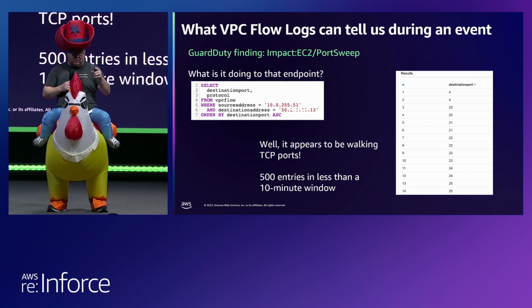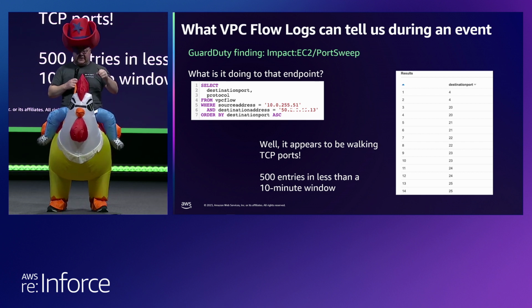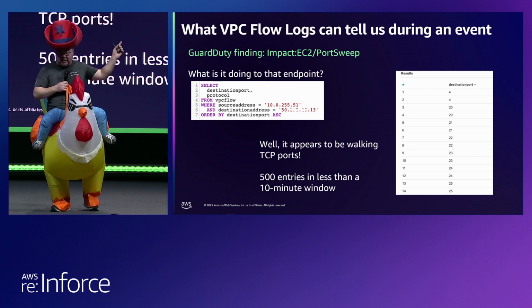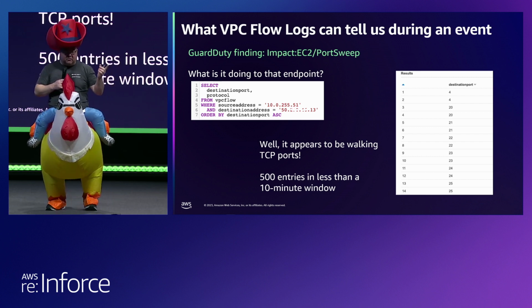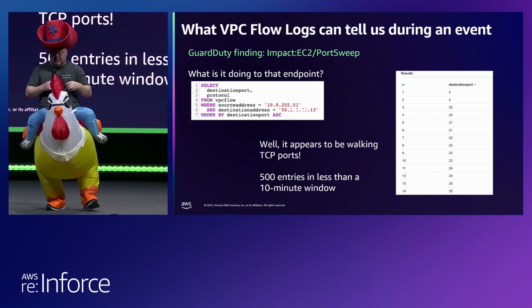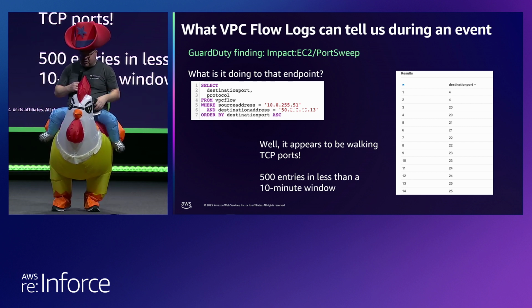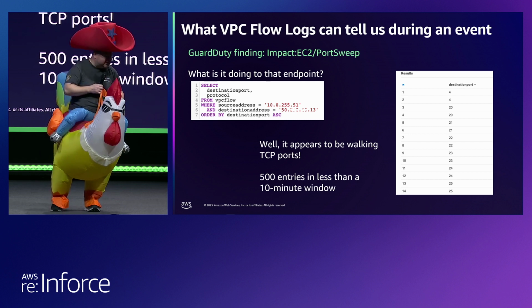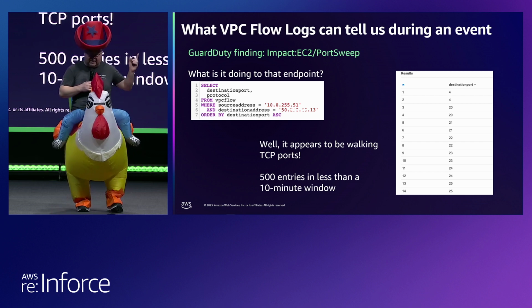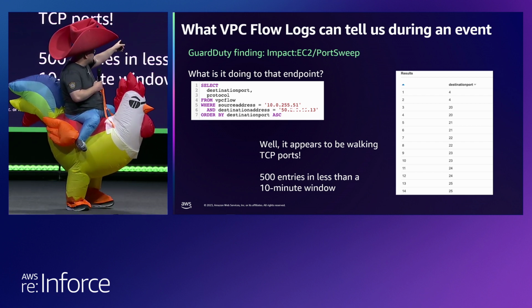And so I can go out and using something like Athena, I can go look at those VPC flow logs and I can do this query, right? What is that endpoint doing? So with a simple select for the destination port and protocol and the source address, and all this information is in the GuardDuty finding, I can actually get this list, right?